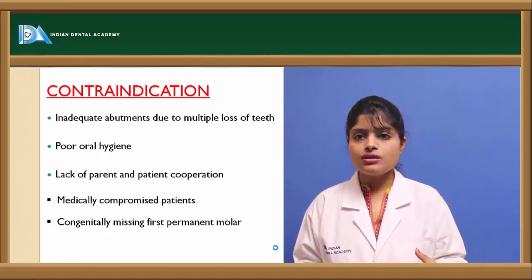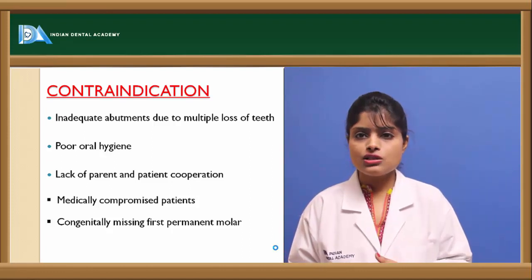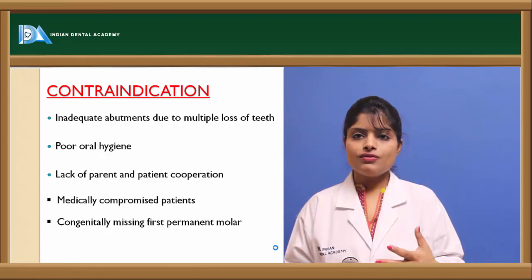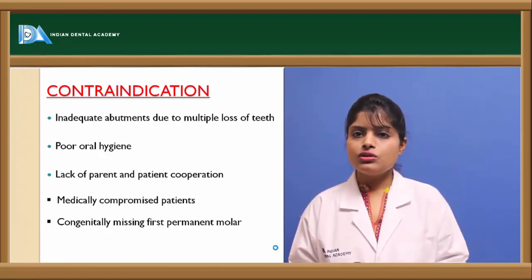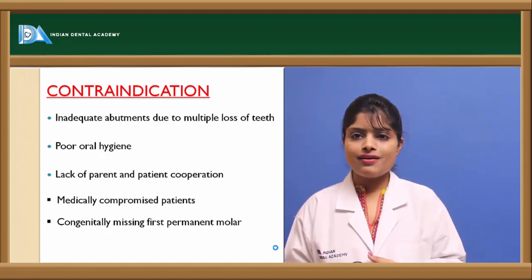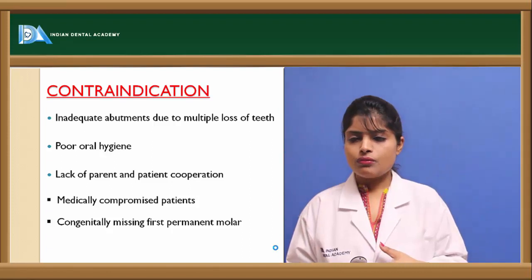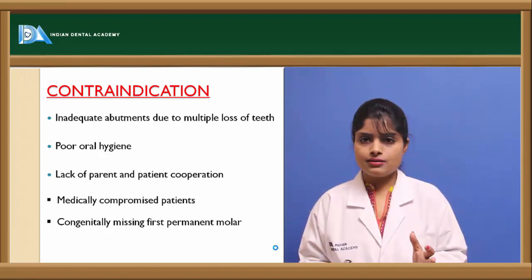It can also cause infection in the socket and the injury of the socket which is created because of the extracted teeth. It is one of the most difficult appliances to construct, and even the retention of the appliance in the oral cavity and maintenance by the patient is difficult. So these were the particular disadvantages which were linked to the appliance.